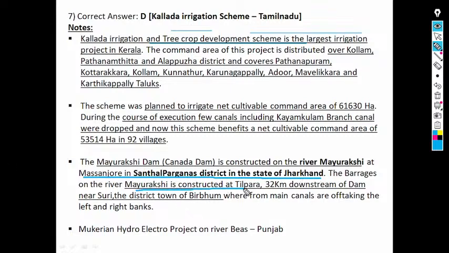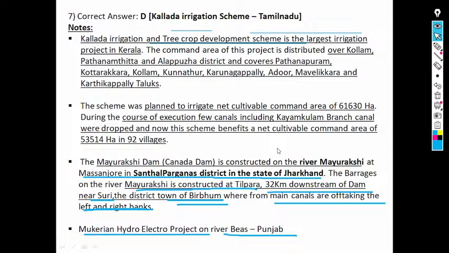The barrage of the river Mayurkasi is constructed at Tilpara, 32 km downstream of the dam near Suri, the district town of Birbhum, where the main canals take off from the left and right banks. The Mukerian hydroelectric project is on the river Beas, in Punjab. Santhal Pargana is a district in Jharkhand, a bordering district between West Bengal and Jharkhand.